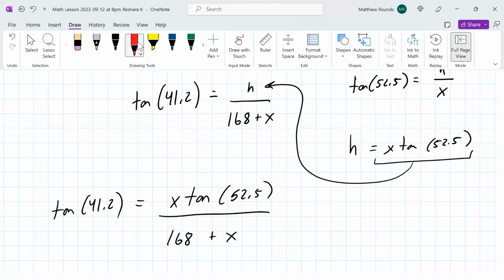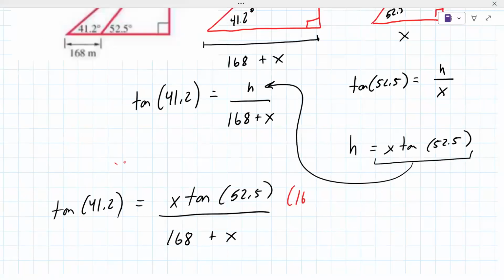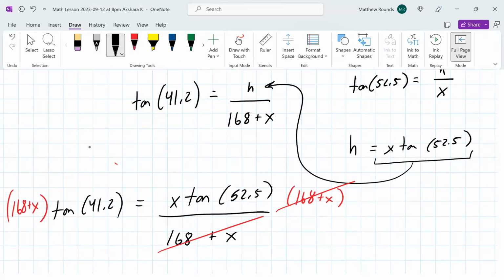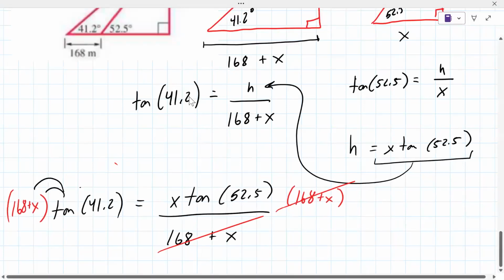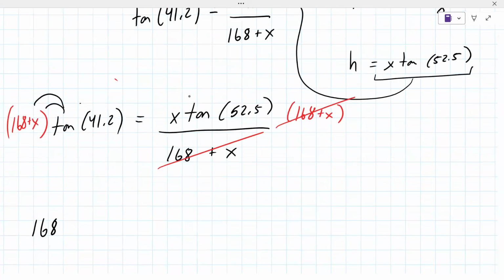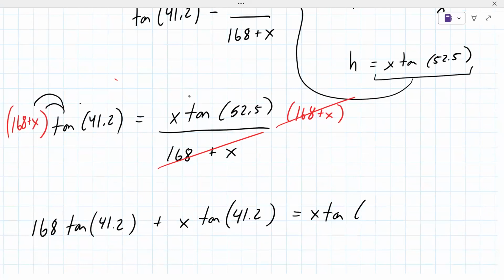Next thing is to clear the bottom. You clear the bottom by multiplying both sides by the bottom. So that goes away. On the left, you distribute this tangent into both. So it's 168 tangent 41.2 plus x tangent 41.2 equals x tangent 52.5.